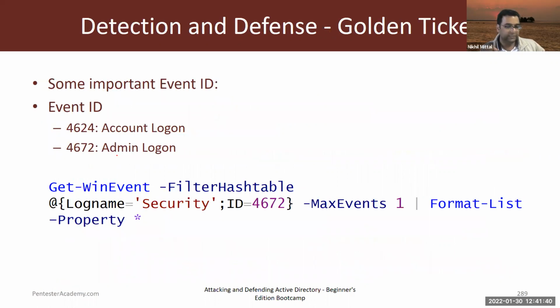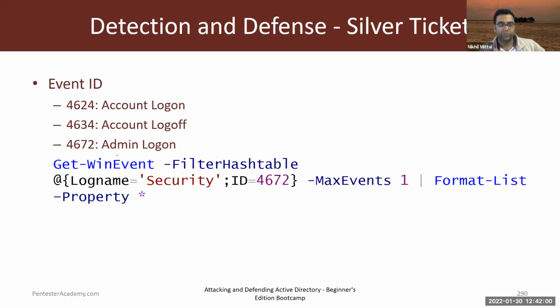Now, some event IDs that you may like to keep an eye on. Unfortunately for golden ticket, other than a 4672 from a new machine or for a dormant domain admin, there is not much that you can do. In case of golden ticket attacks, you would be relying on tools like MDI. Same goes for silver ticket.